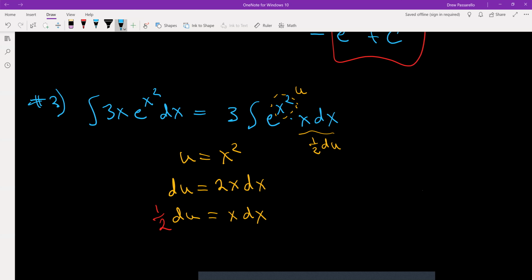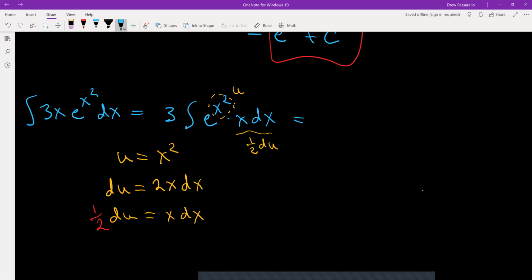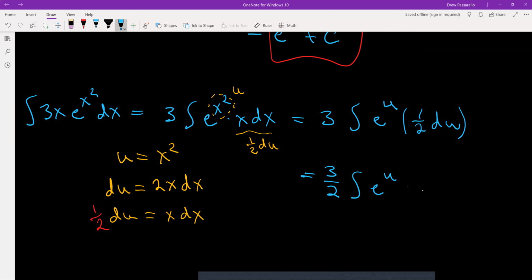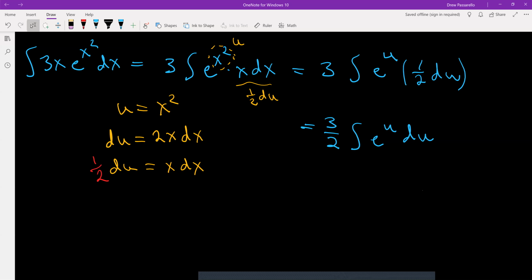So substituting that in, we have e to the u, and then x dx is 1/2 du. Now I'd factor out the 1/2, so then you have 3 times a half is 3 halves. So now you're left with e to the u and then du, which we know becomes e to the u because that's the way the function's designed. So when you integrate it, it turns back into itself.